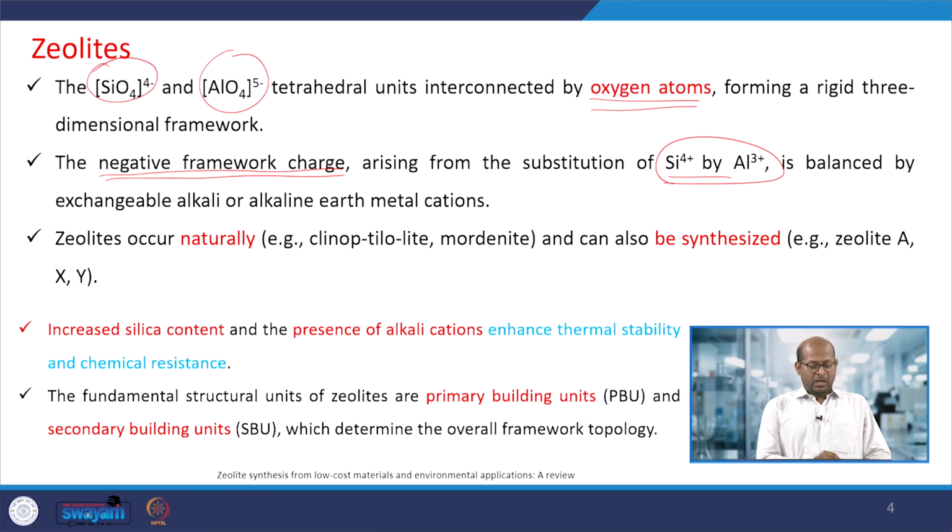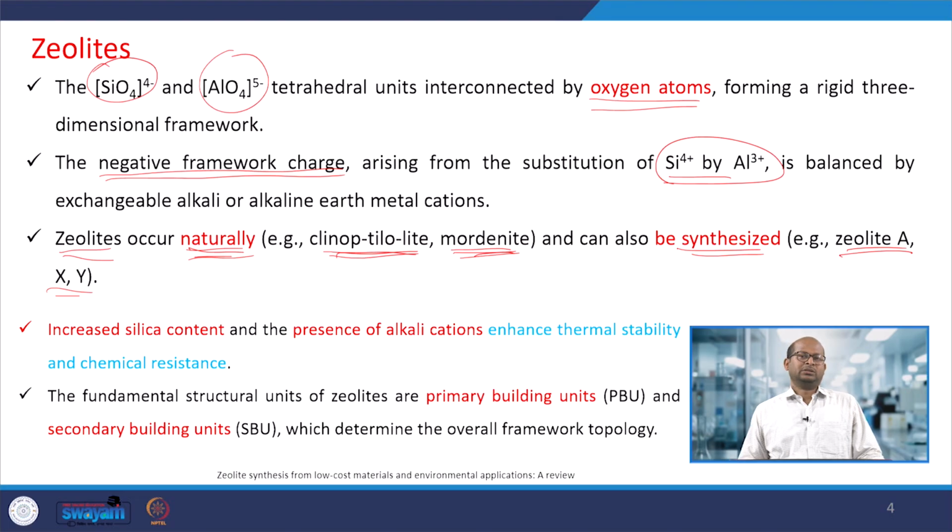Zeolite materials are present in nature, and we can also prepare them synthetically in the lab. Naturally existing ones include mordenite and clinoptilolite. In the lab we can also prepare zeolite A and zeolite X, which differ depending upon their structure, the silica to alumina precursor ratio, and temperature and pressure.